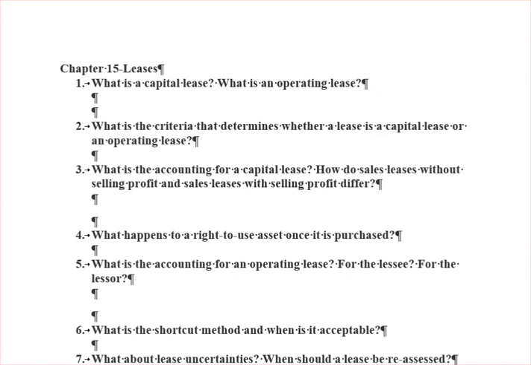So we got to come up with a term for that, and we call it a right to use asset. And instead of depreciation, you do amortization, and generally this thing is done as a straight line method. And there's no residual because it's just a right of use, right? You don't own it. You can't sell it at the end of the lease. If you could sell it at the end of the lease, you'd have residual value, but you don't have any residual value with the thing. So it's just amortized straight line generally. There's an exception. We get into that when we talk about our operating leases.